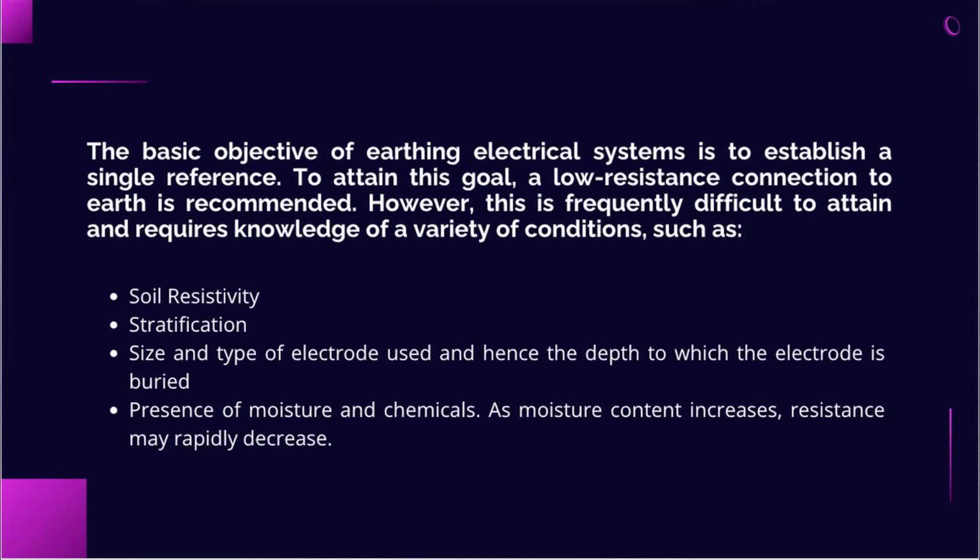For example, first, soil resistivity. Second, stratification. Third, size and type of electrode used, and hence the depth to which the electrode is buried. Fourth, presence of moisture and chemicals at the site. As moisture content increases, resistance may rapidly decrease.